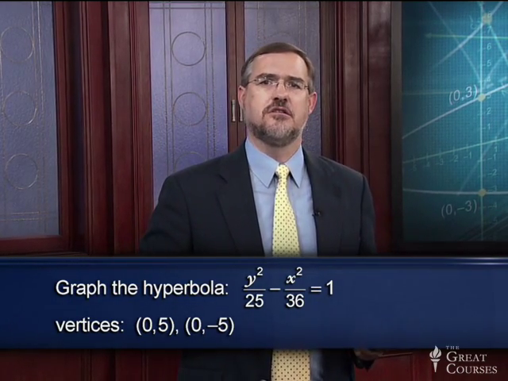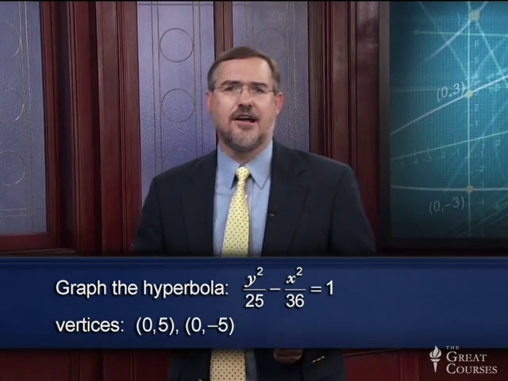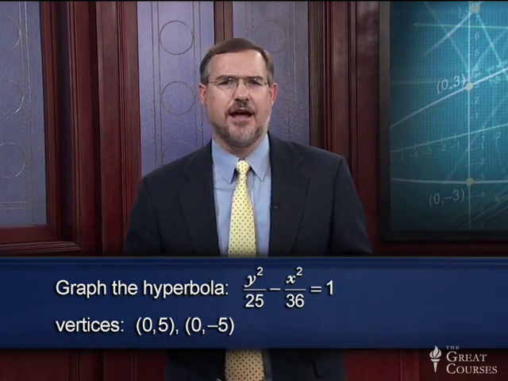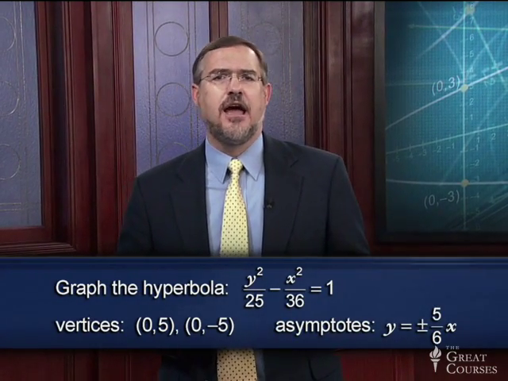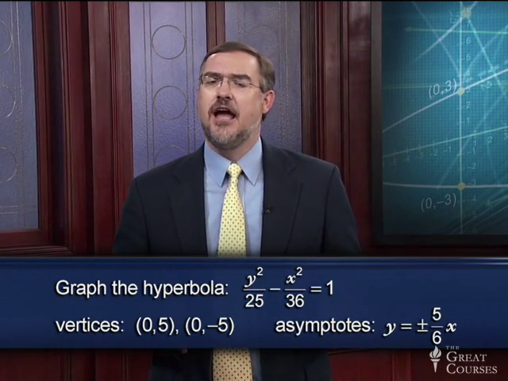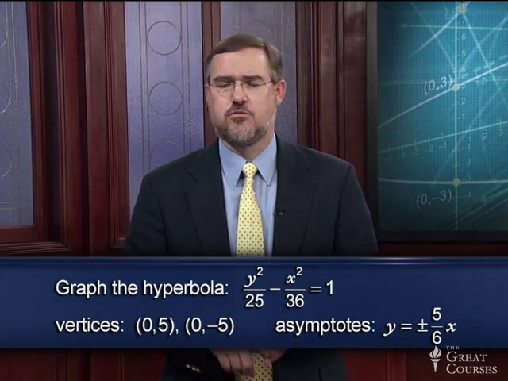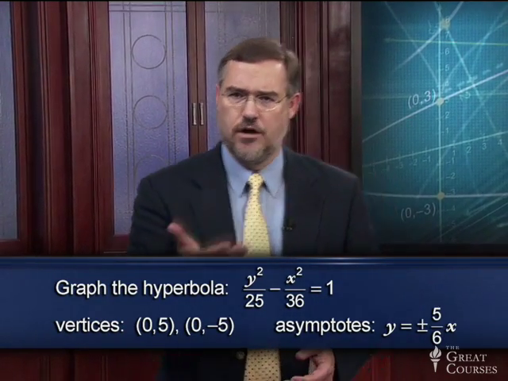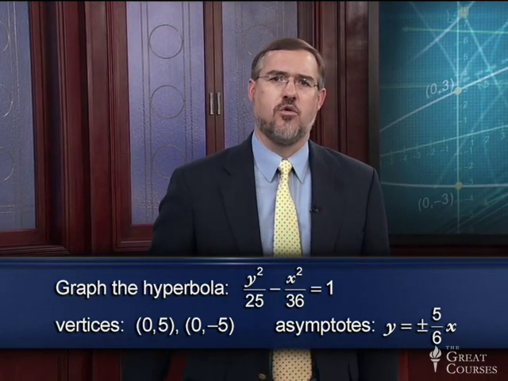Those are the vertices. Lastly, I also know the equations of the asymptotes. They are y equals 5/6 times x and y equals negative 5/6 times x. And the 5 and the 6 come from the square root of 25 and the square root of 36, 25 and 36 being the denominators in the original equation.